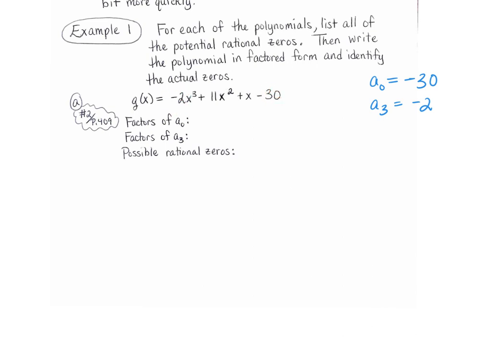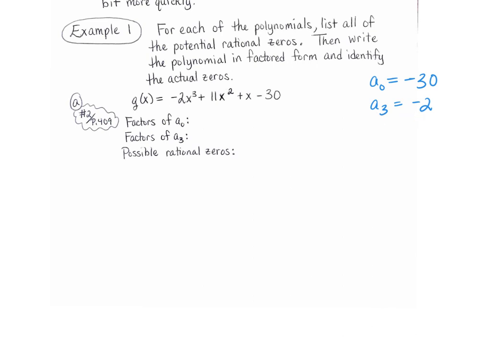A 3 here, because this has degree what? What's the degree of this polynomial? To the third is 3. Good. So the leading coefficient will always be a sub whatever is the highest degree. So a sub 3 is equal to negative 2 here.